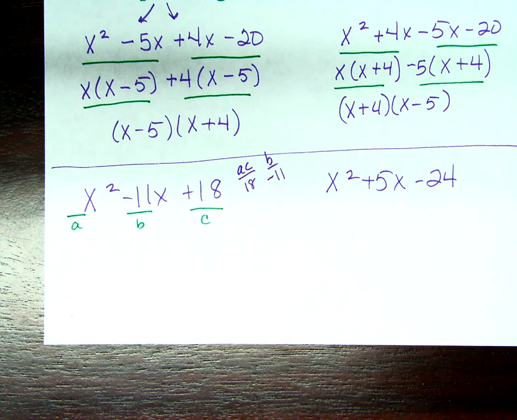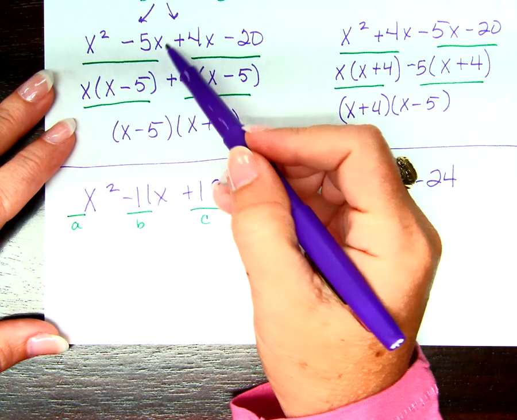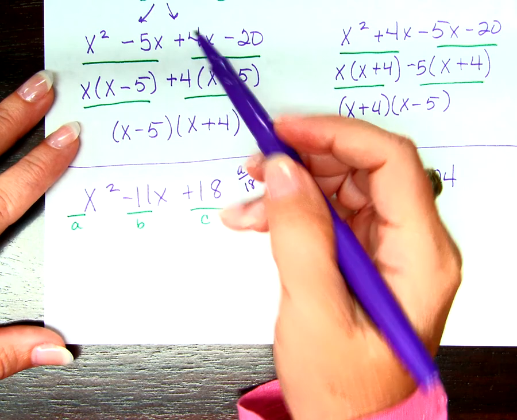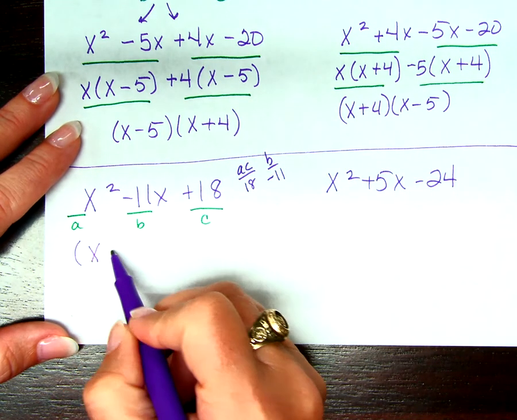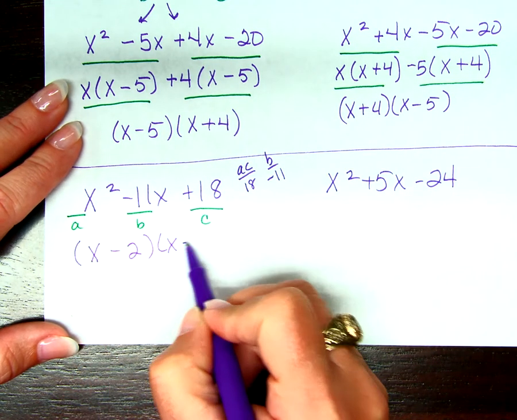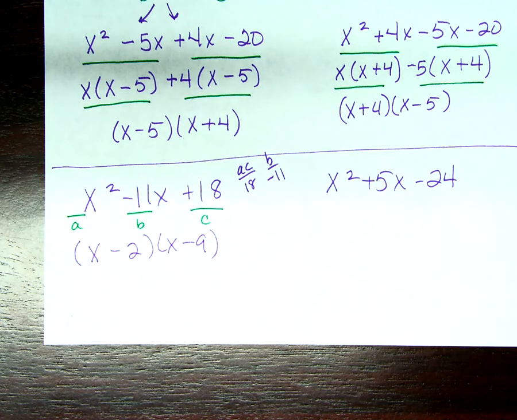Yes, sir. Negative 2 and negative 9. I don't rewrite if I'm doing the shortcut, do I? I go straight to my factors, negative 2, negative 9. Done. Got it? Does that make sense?